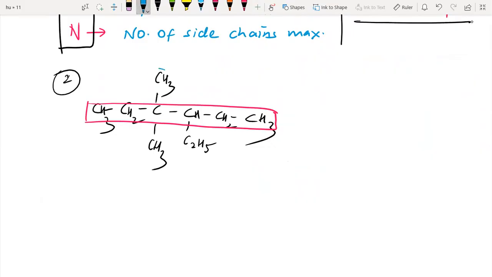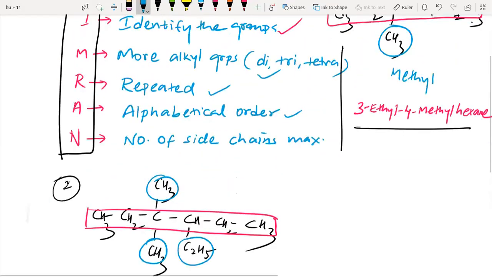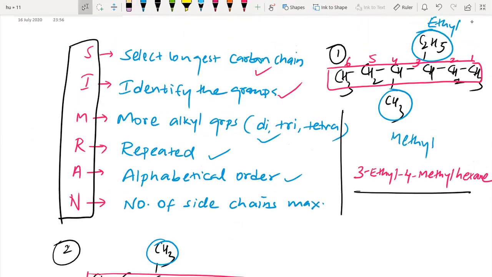So we'll identify the groups here. Next, first we'll do numbering and then we'll see the further part of it. How to number, from left to right or right to left. In this case it is different from number one.